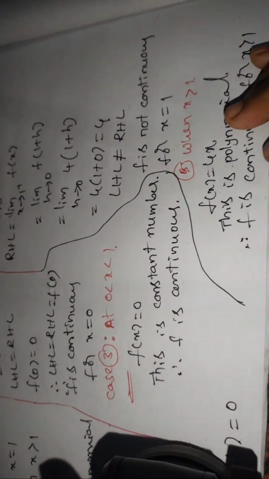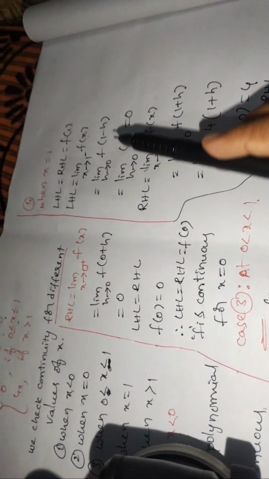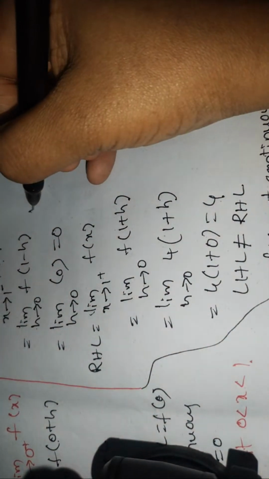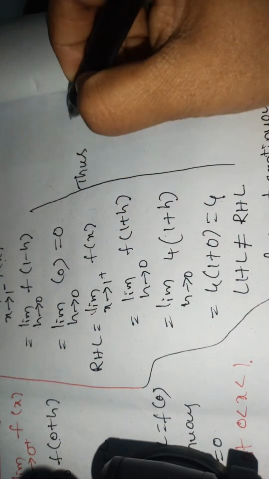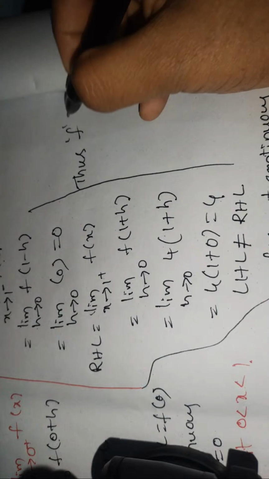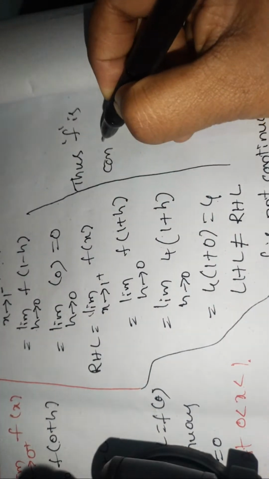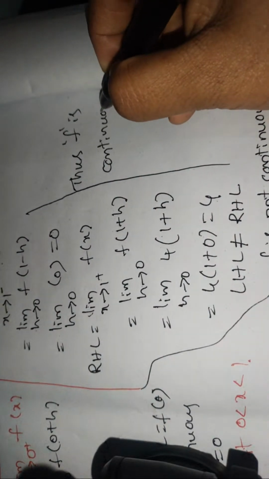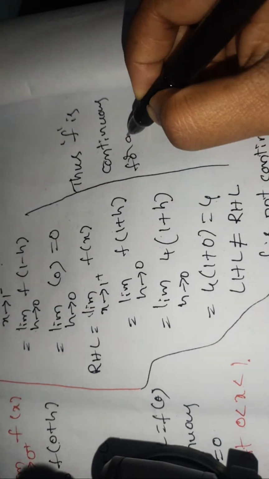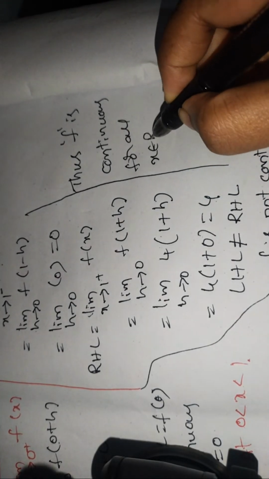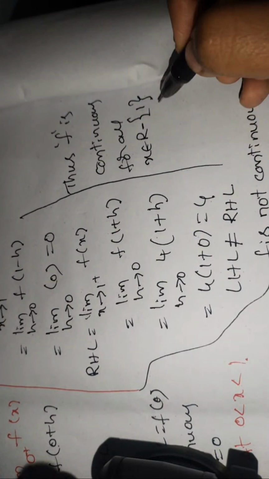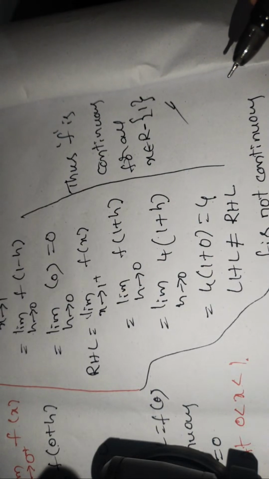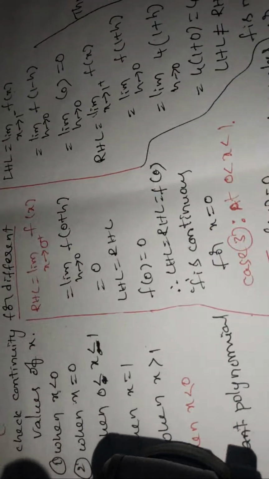So only at x is equal to 1, it is not continuous. We will write the final conclusion. Thus, f is continuous for all real numbers, x belongs to R except 1. So except 1, it is continuous. Next question.